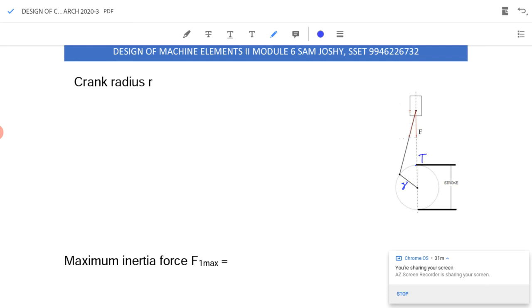This is TDC and this is BDC, and the length between these is called the stroke. And from the geometry I can write crank radius R equal to half of the stroke. Given stroke equal to 190 mm, I can write R equal to 95 mm.